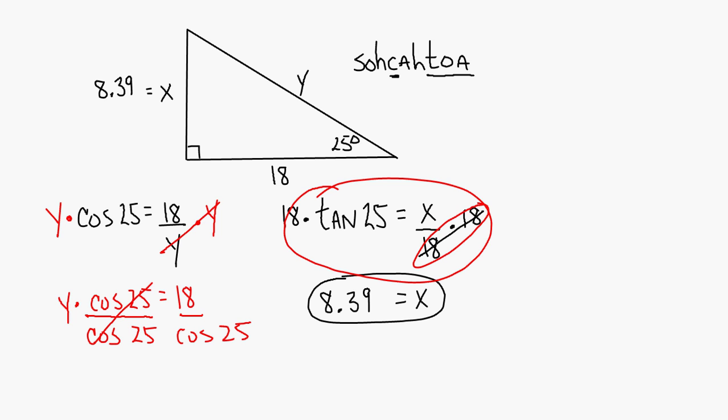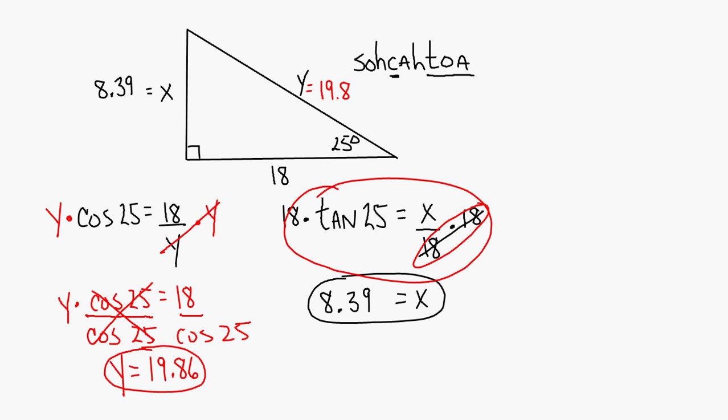These will cancel out, and y is going to be equal to, in your calculator, you're going to go 18 divided by 25 cosine equals, and you should get 19.86. So the hypotenuse here is 19.86.